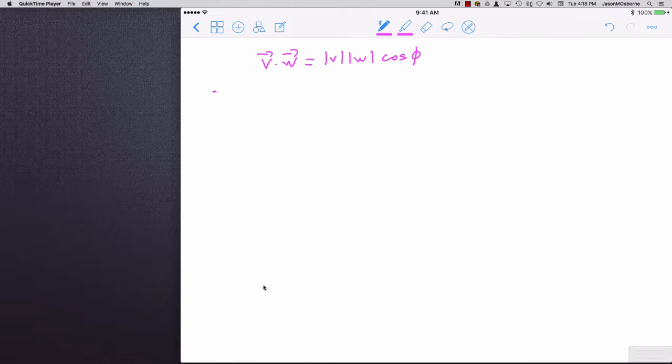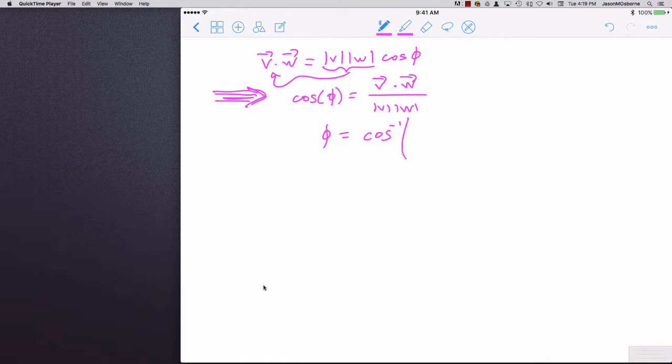There's a very important other formula that develops from this formula, and if you solve for the cosine of the angle phi by dividing, so I just move the term magnitude of v times magnitude of w to the other side with a division, and then solve for the angle phi using the inverse cosine.